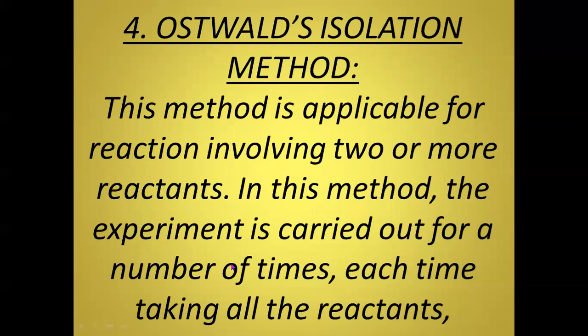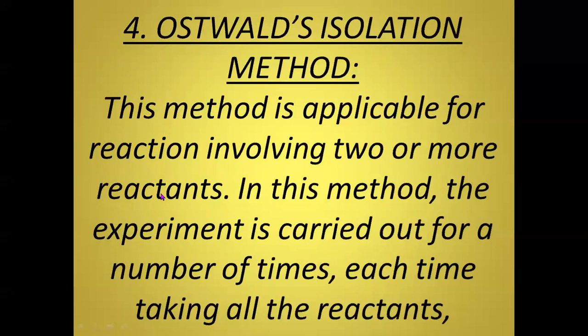Now, there is one more method to find the order of reaction, called Ostwald's isolation method. This method again is a lengthy one, in which we have to isolate one of the reactants of the two or more. Because in the beginning we saw there are three types of third order reaction.